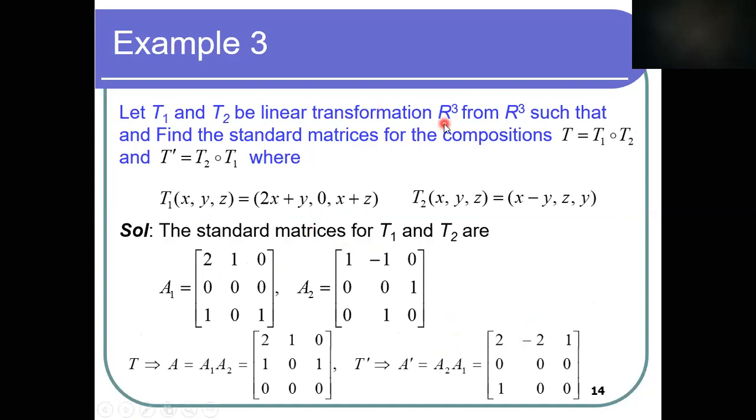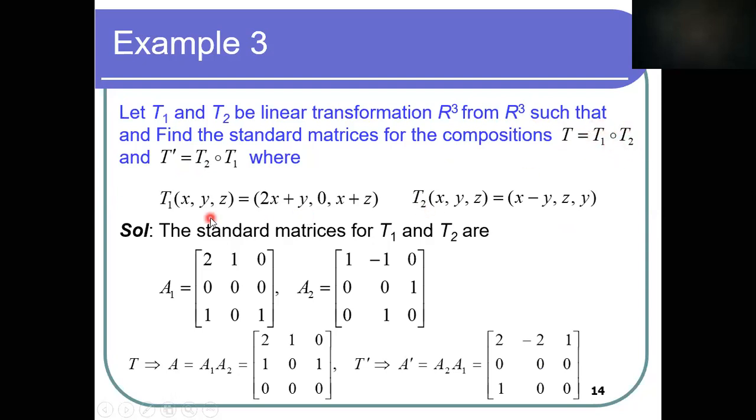Look over here. We have two transformations from R3 to R3. We need to calculate the matrix of transformation corresponding to the composition of T1 and T2, and T dash, which is T2 and T1. It means you first apply T2 on some element of R3, then apply T1 on the output of this.